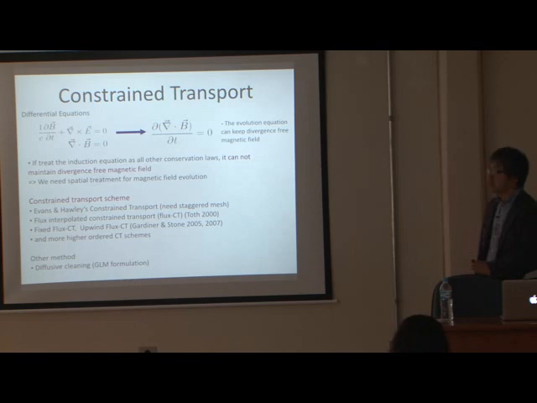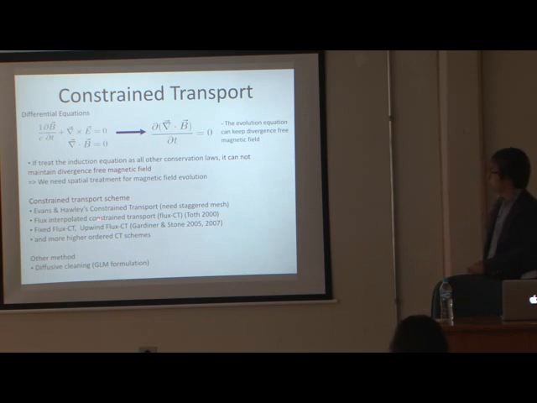Later, Gardiner and Stone proposed the upwind flux CT, a higher-order type of flux constraint transport scheme. Balsara, Del Zanna and others also showed third-order, fourth-order and fifth-order constraint transport schemes.